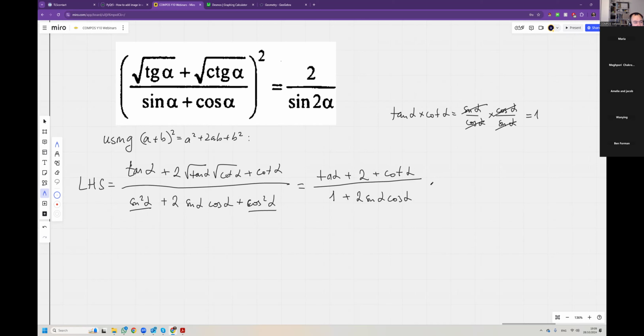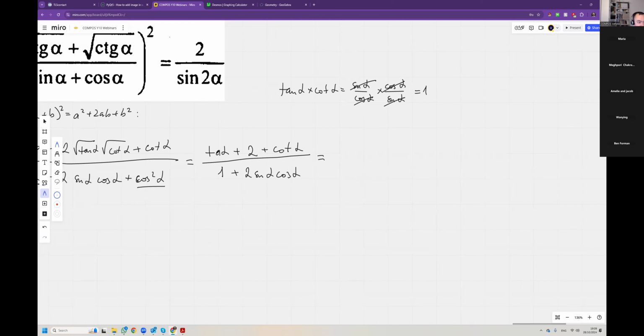That doesn't really help, does it? Well, okay, let's see what comes next. Tan alpha plus cot alpha plus 2. Okay, so we will write it as sine alpha over cos alpha plus 2 plus cos alpha over sine alpha, over 1 plus 2 sine alpha cos alpha. We find the common denominator.